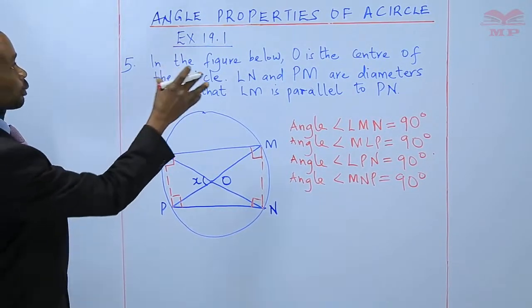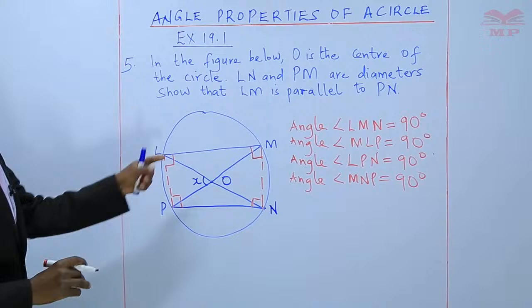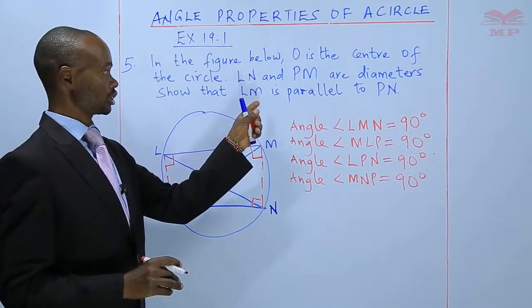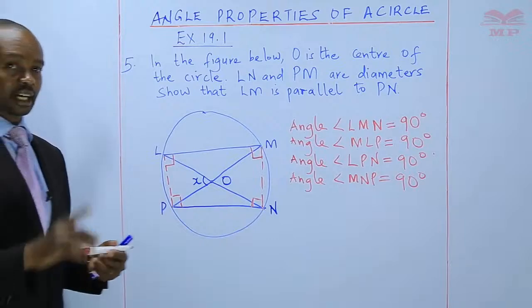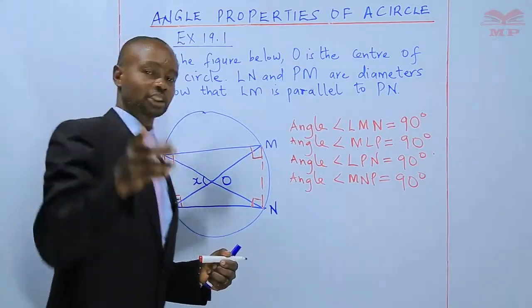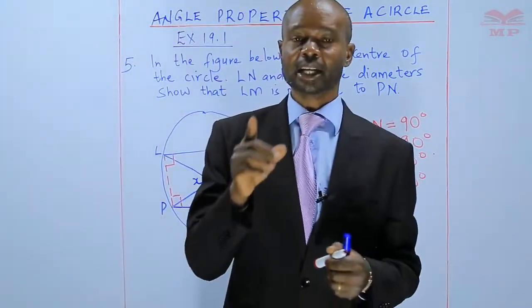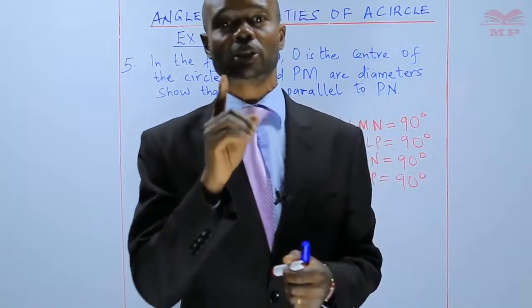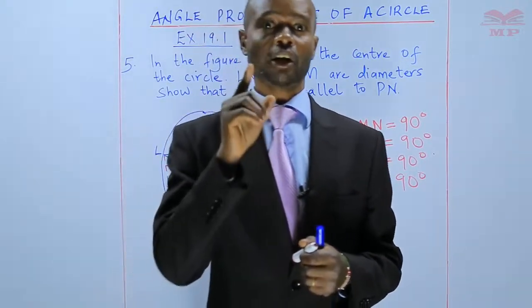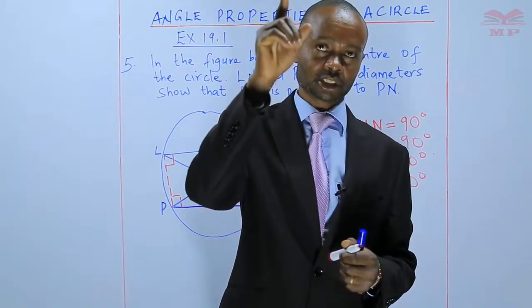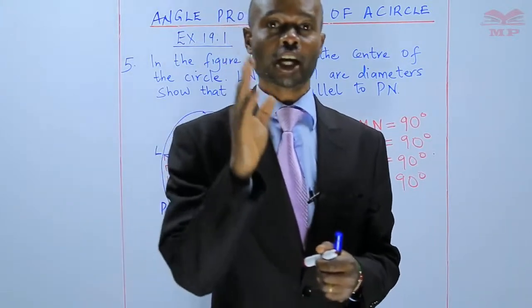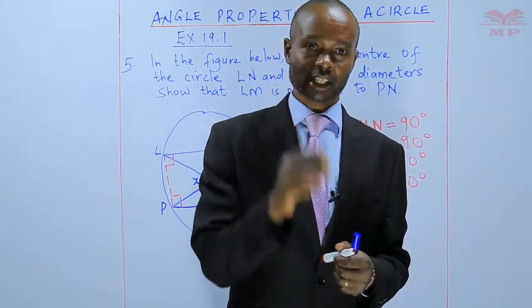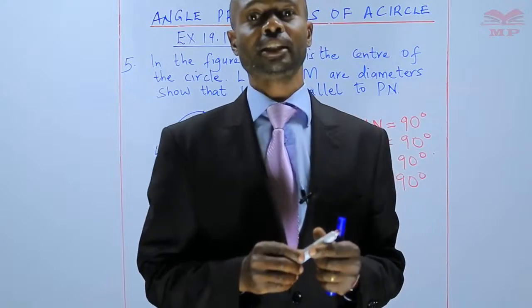So we go back to the question where we are to show that LM is parallel to PN. Number one, for lines to be parallel, a perpendicular drawn from one line to touch the other line has to strike that other line at 90 degrees.